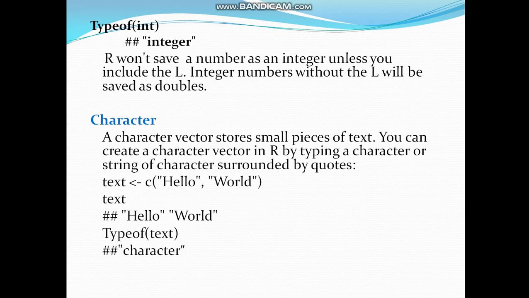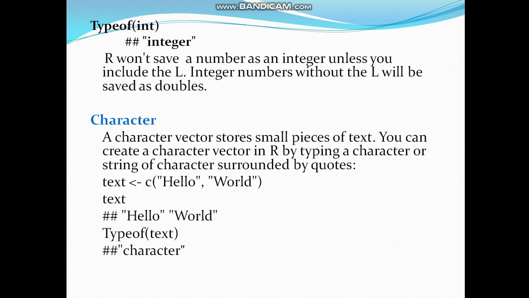Next one is character. A character vector stores small pieces of text. You can create a character vector in R by typing a character or string of characters surrounded by quotes. Example, text refers to the vector c, and within the parentheses and double quotation marks mention the words hello, world. Just print, and we get the answer.